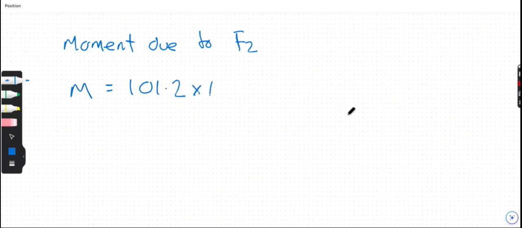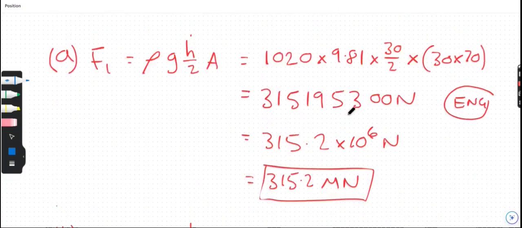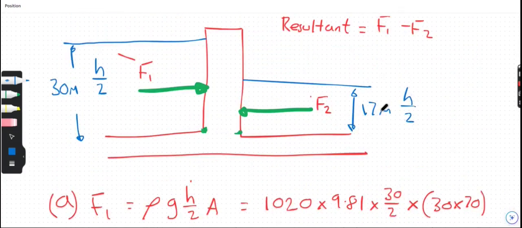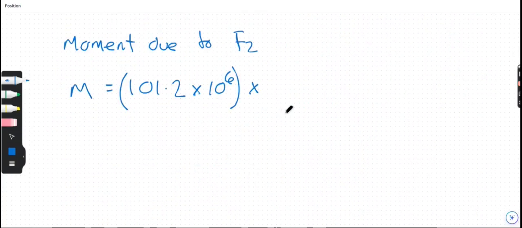Don't forget the big number. So much force, and it was 17, wasn't it? Yeah, 17 divided, but it's going halfway. So it's half of 17, so we put in 17 divided by 2.